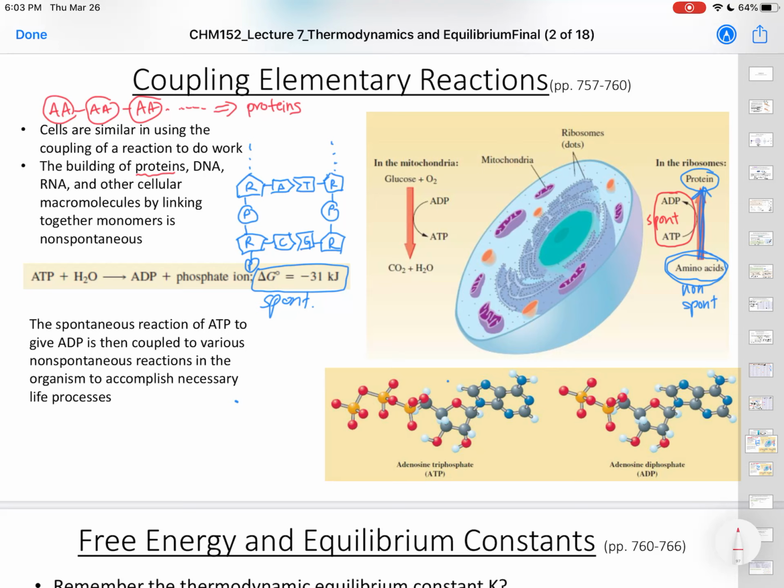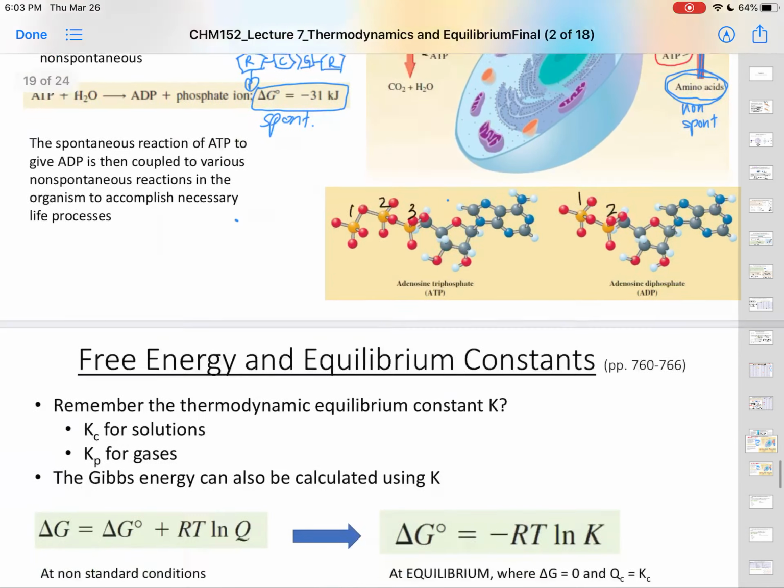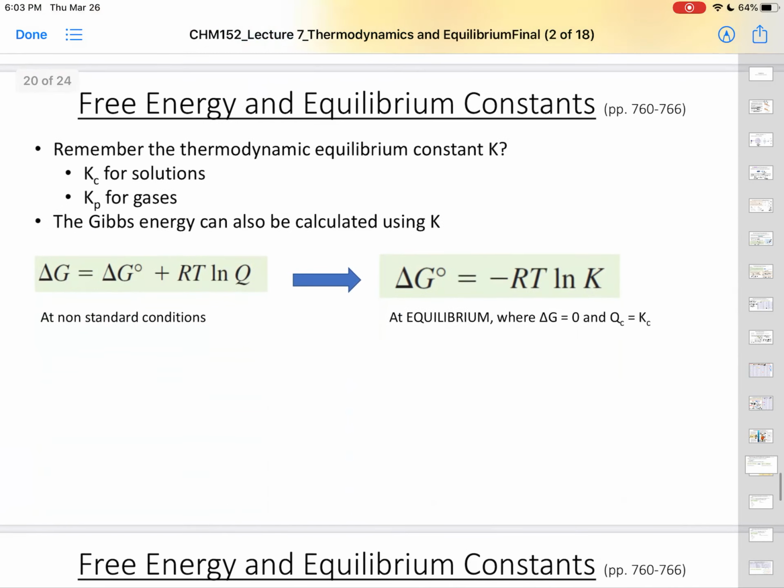And just as a quick review of what ATP and ADP is, notice that there are 3 phosphates in ATP. Here's 1 phosphate, 2 phosphates, 3 phosphates. What you're doing is you're making it 2 phosphates, and basically you have a phosphate ion that's separated. All right, so this is just a quick review of coupling reactions and something in biology that we learned.